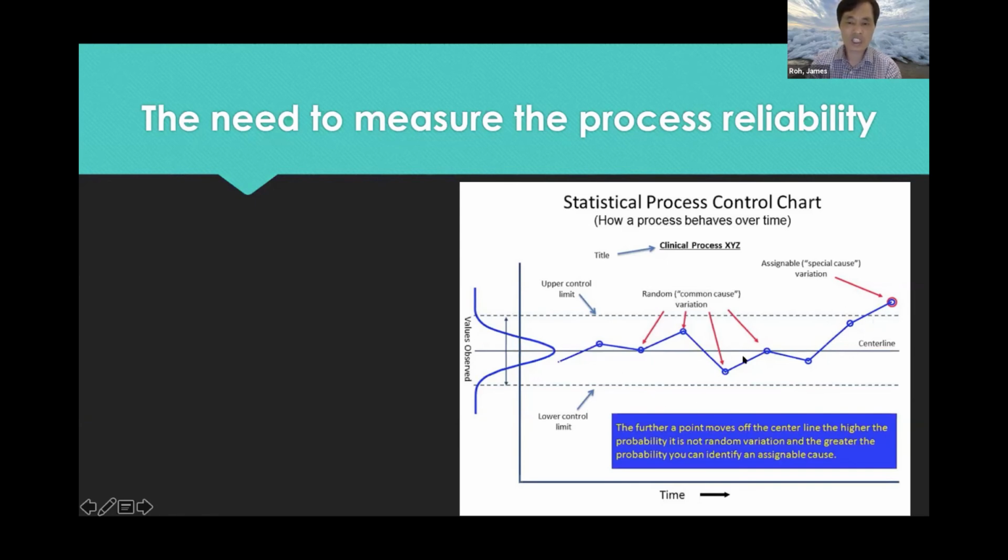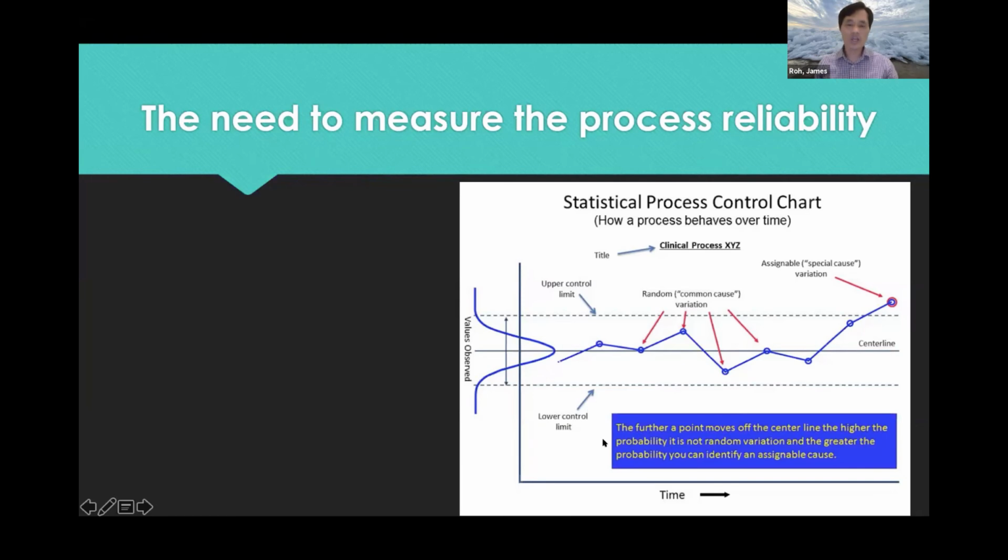The same with equipment. If you are working with equipment and it is performing very well at first, however, as time goes on, it's going out of control. And as a result, we want to understand why that went out of control. That can be understood. And this is meaningful because now you can see the process.